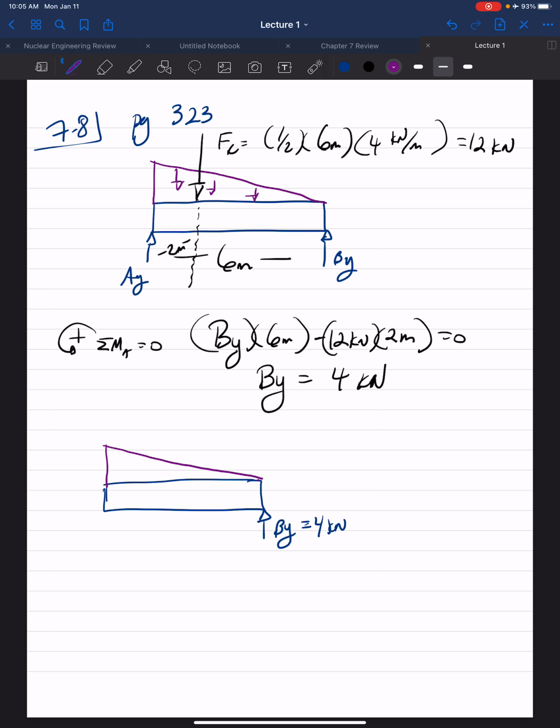The intensity of the triangular loading was 4 kilonewtons per meter when the base was 6 meters. Now that our base is 4.5 meters, what's our new intensity? It's 3 kilonewtons per meter.